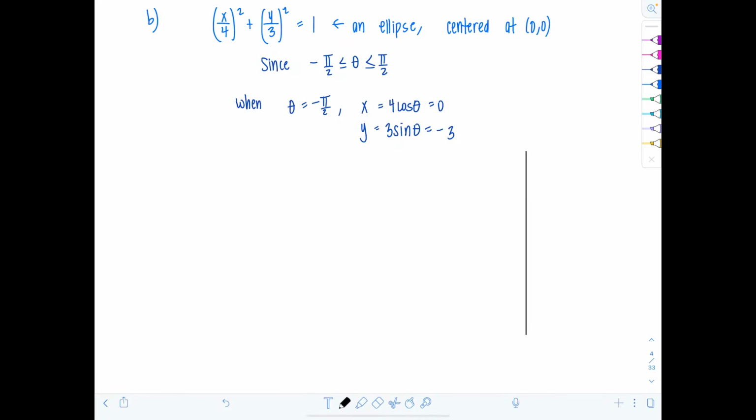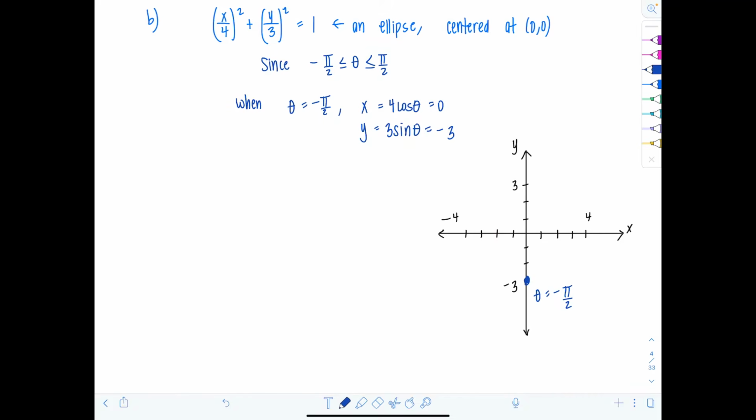We're starting at 0, negative 3, when theta is negative pi over 2. So x-axis, y-axis, I'll go up to 3 and down to negative 3 in the y direction, and 4 and negative 4 in the x direction. Okay, and we're starting right here at 0, negative 3, when theta is negative pi over 2.